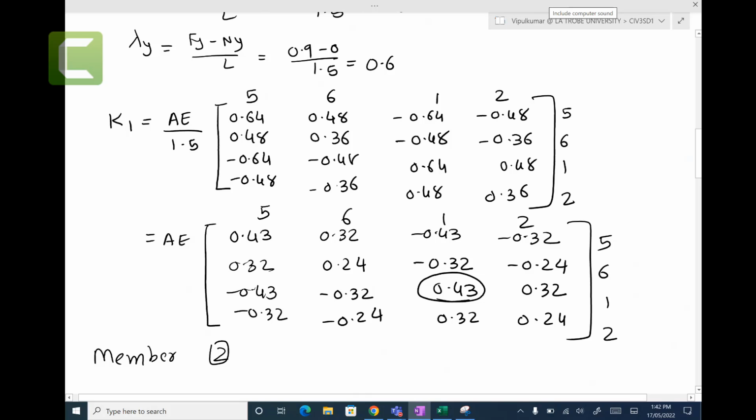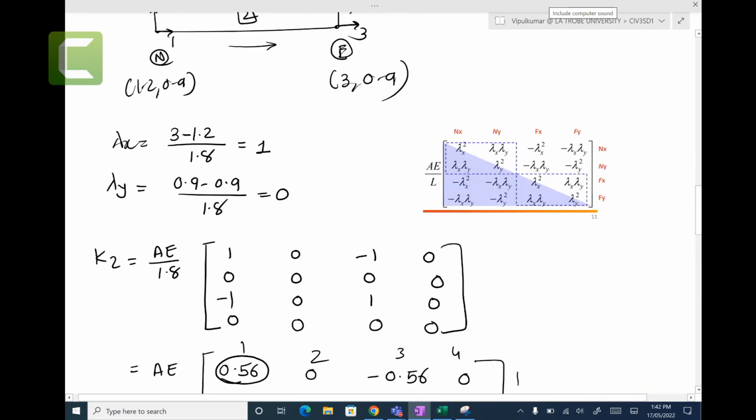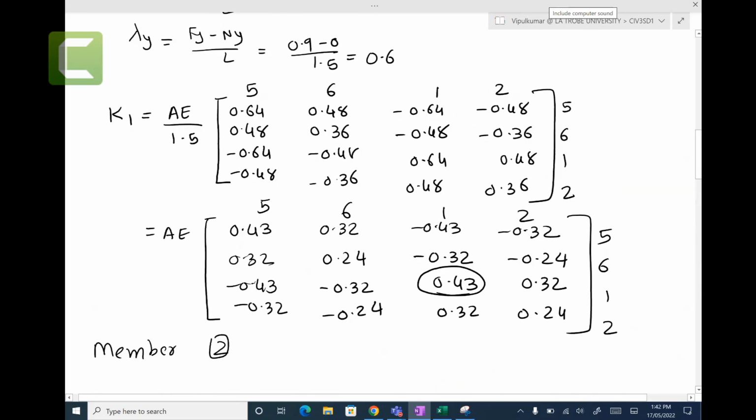So you have column 2, row 1. Let's go K1. Column 2, row 1, 0.32.